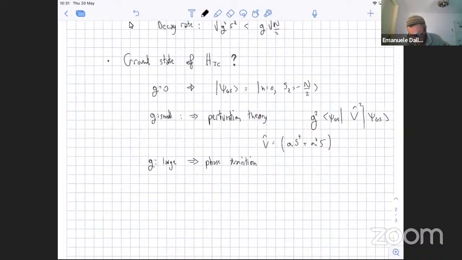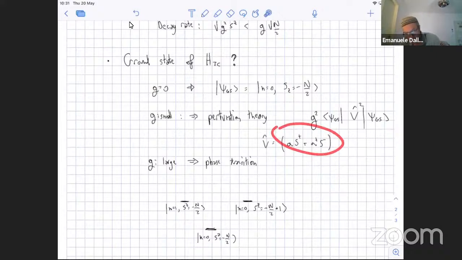What does it mean, a phase transition? Think of the following. As we mentioned, what is the ground state? The ground state is that there are no photons and all the spins are pointing down. What are the two excited states? The excited states are basically either that you have one photon and all the spins are in the minus direction, or there are no photons, but one spin points in the minus direction plus one. So you excite a little bit the largest spin. Now, what does this coupling term do?